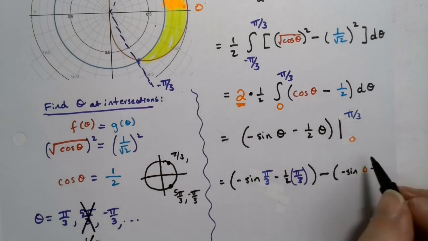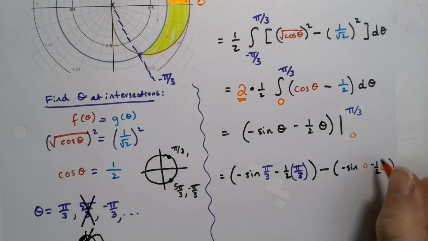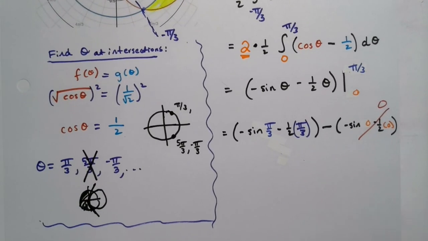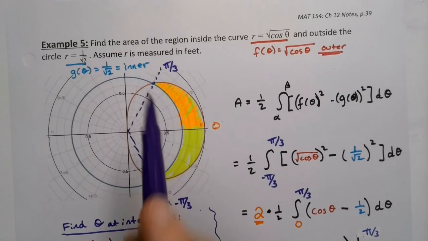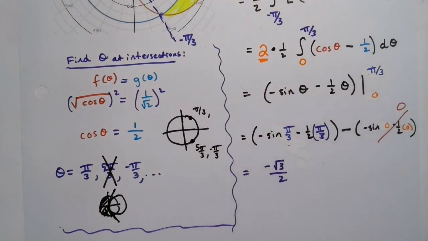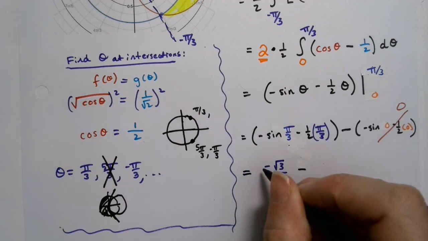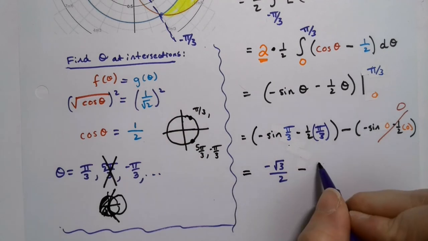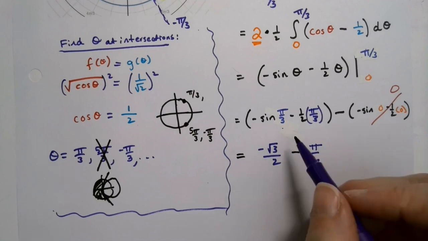That's why we did 0, because 0 is easier. So this whole thing is 0. Done with that. Pi over 3 is this angle, so its sine is the square root of 3 over 2. So this is negative square root of 3 over 2 minus pi over 6. That is the actual answer right there.